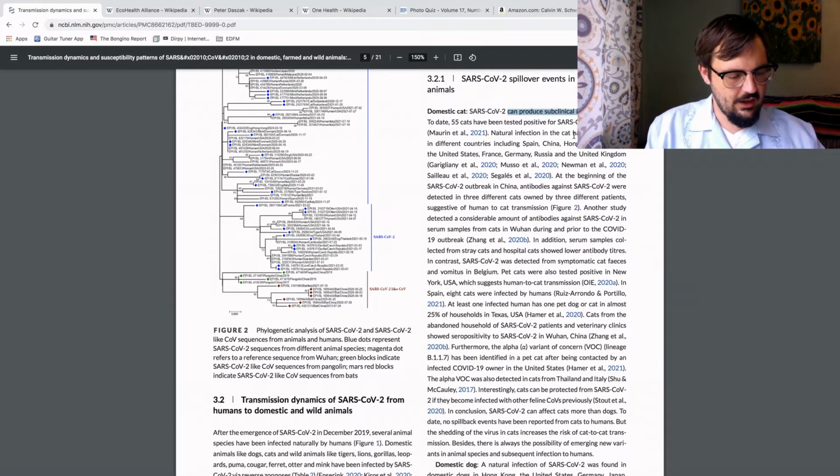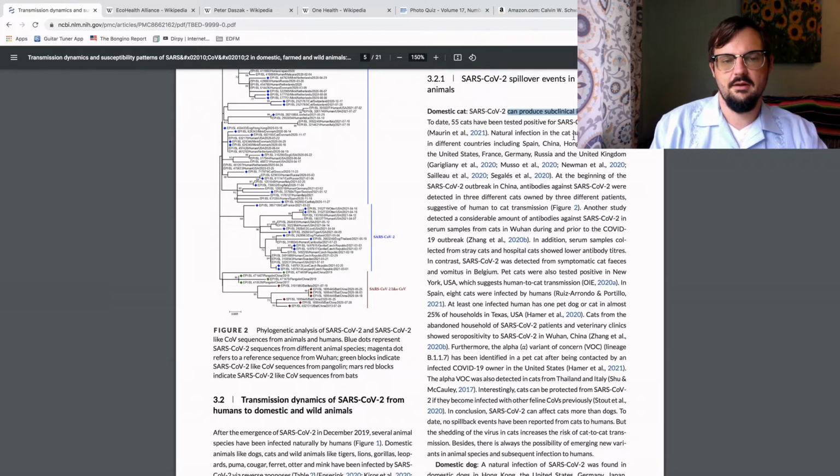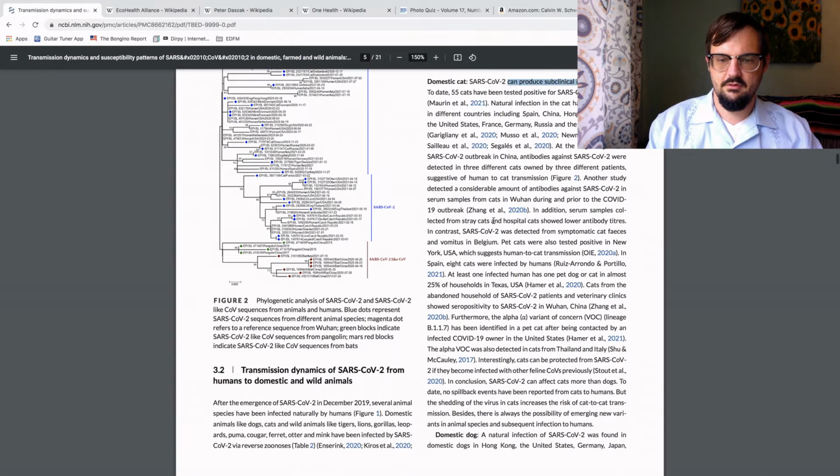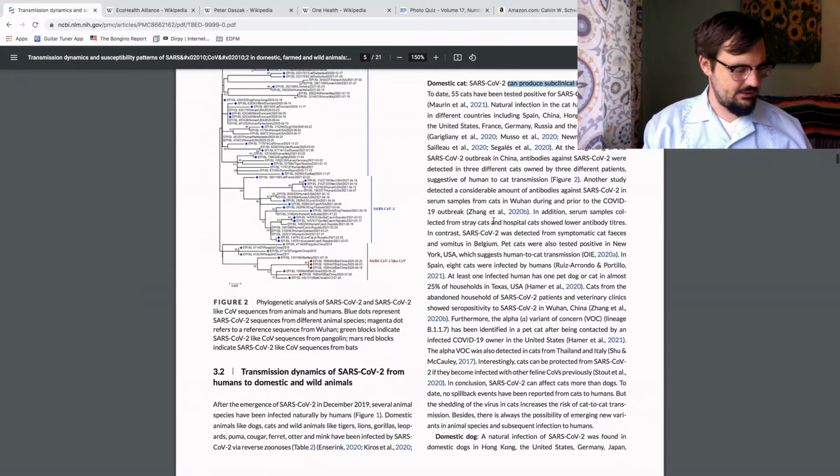Subclinical infection can mean either no symptoms or just not enough of a symptom to really mention, unless you were studying these animals very closely. But that's the best they were able to get with the cats. Okay, subclinical infections. They did find evidence that the cats were capable of infecting other cats, but there was no disease being produced.